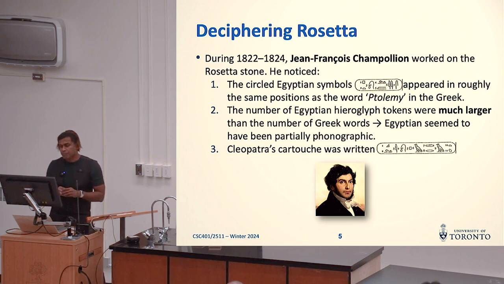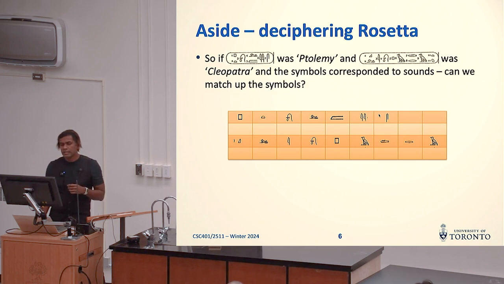He also noticed that these cartouches had symbols that were partially phonographic, meaning the pronunciation had a sound component attached to it. So the idea was that you can juxtapose two cartouches of known words, Ptolemy and Cleopatra, and if you roughly know the sound of both names, you can find a correspondence. That's exactly what he did.